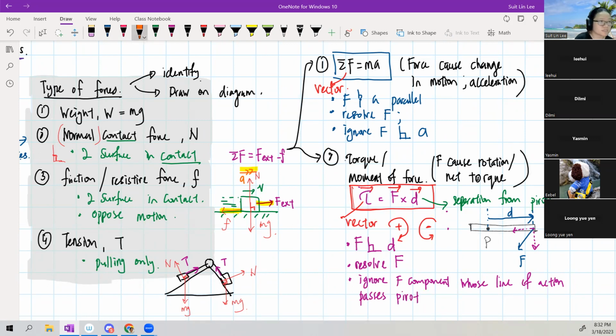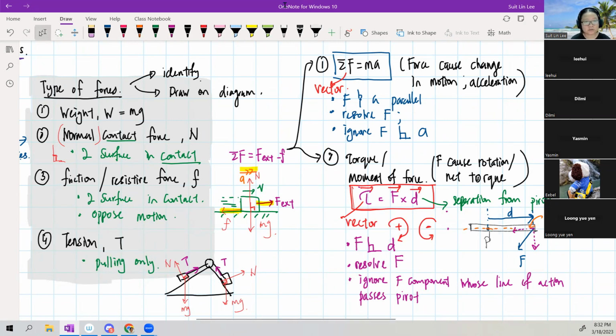Like for example, this line of action will pass through the pivot, so we ignore this one. If you extend the line and it passes through the pivot, it's not that important.